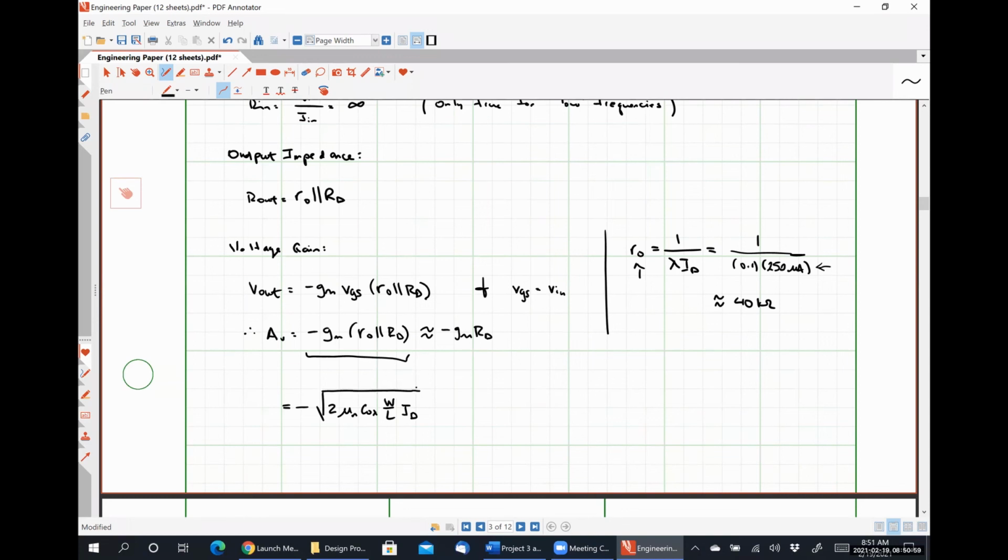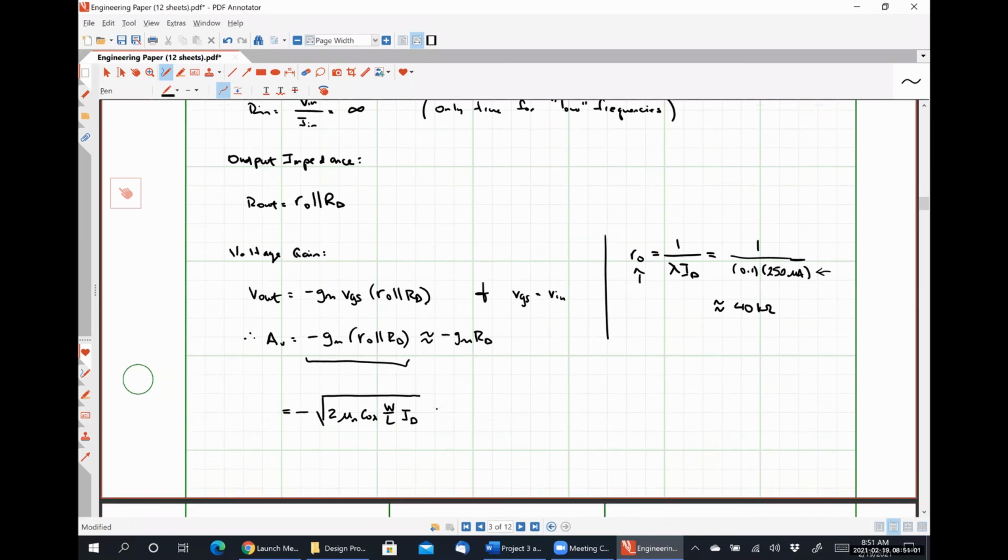And then outside of this guy, RD, or R naught in parallel with RD, which RD is smaller, makes R naught in parallel with RD look like RD.